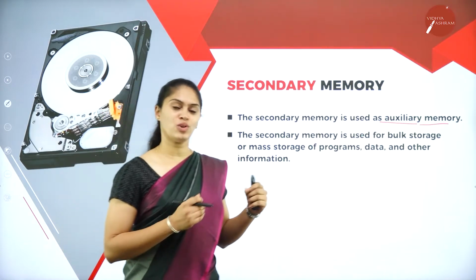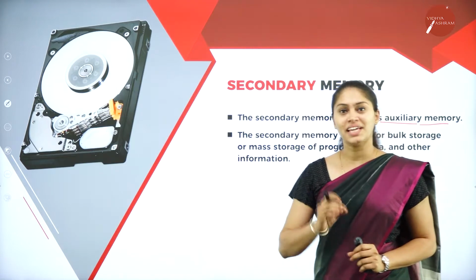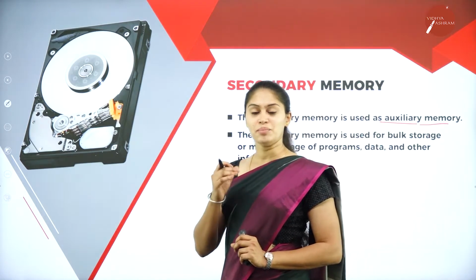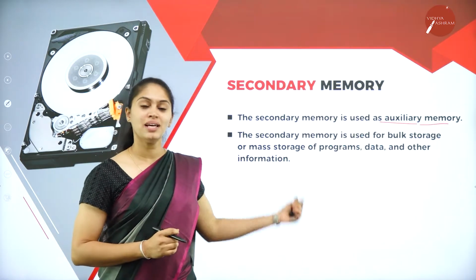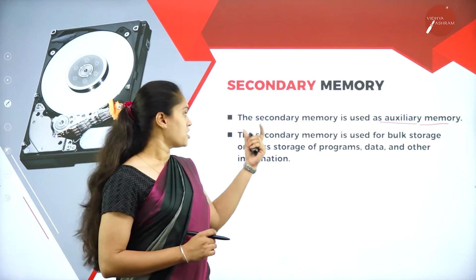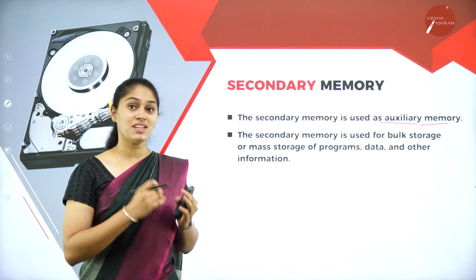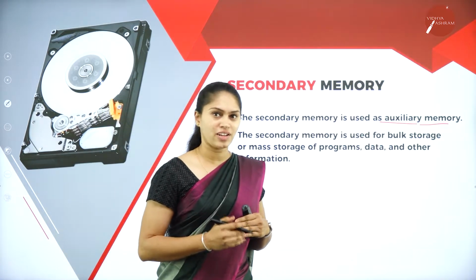It is going to store the data and instruction, along with the information which is not immediately required for the processing. That kind of data and information will be stored by making use of these secondary storage devices, right? So secondary memory is also known as auxiliary memory. When it comes to the primary memory, it is also known as main memory.